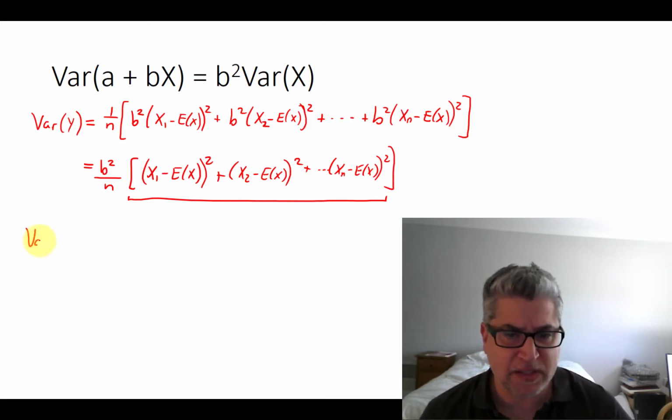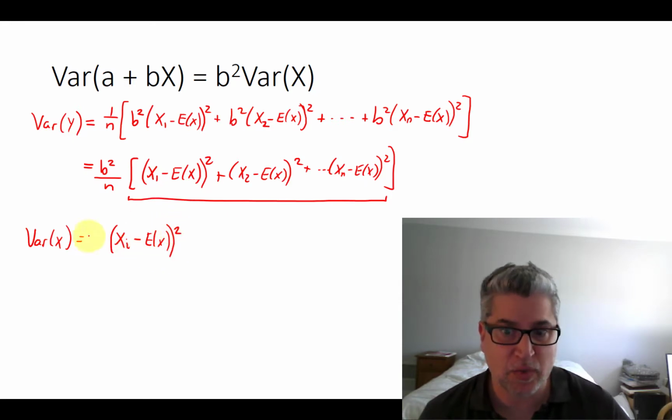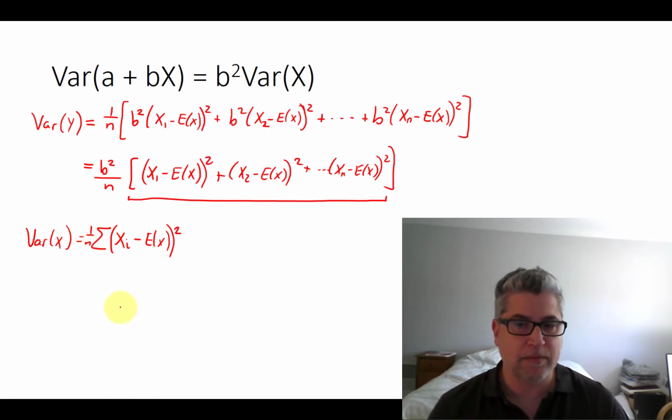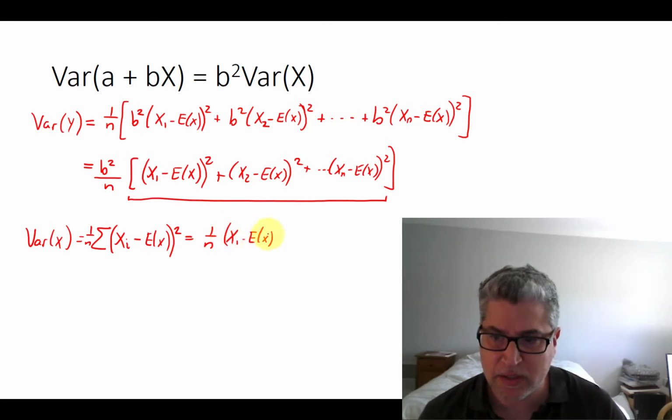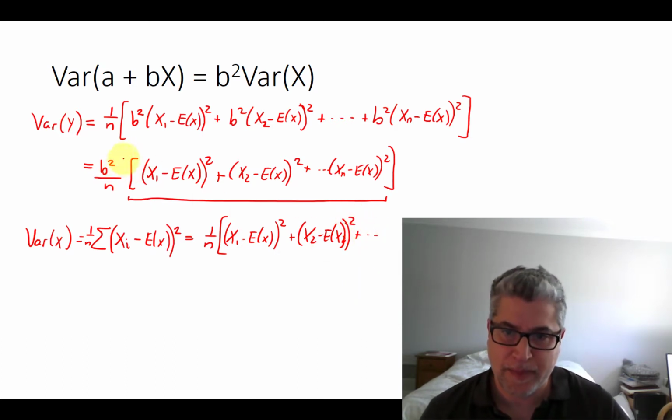Remember that the variance of x was you take each particular observation, subtract off your mean. So see how far away each observation is from the mean, square it, add all these up, and then divide by n. All right, well, that was 1 over n, x1 minus expectation of x squared plus x2 minus the expectation of x, squared. That's this.